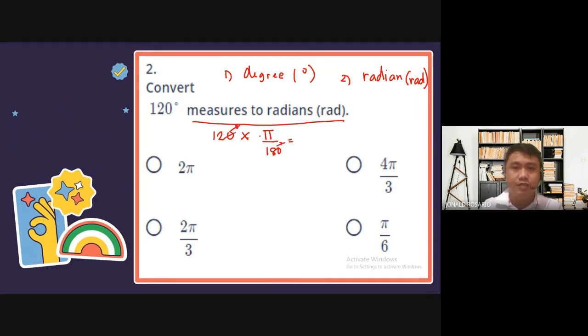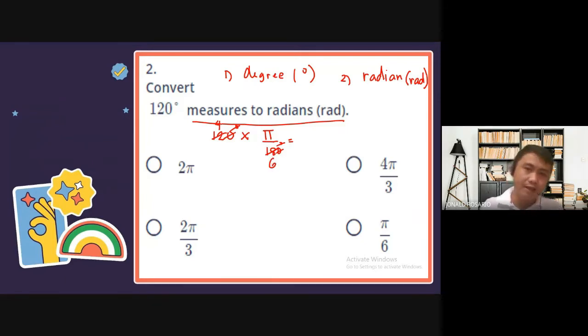We can divide 120 and 180 by 10 and then pwede silang i-divide sa 3. 12 divided by 3 is 4, and 18 divided by 3 is 6.